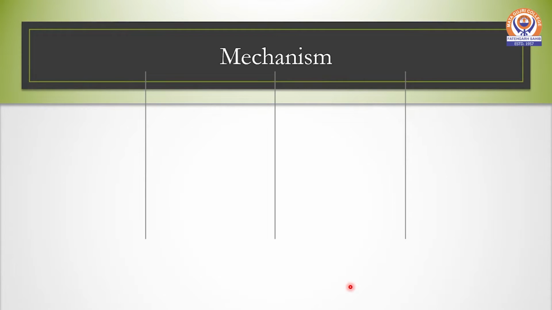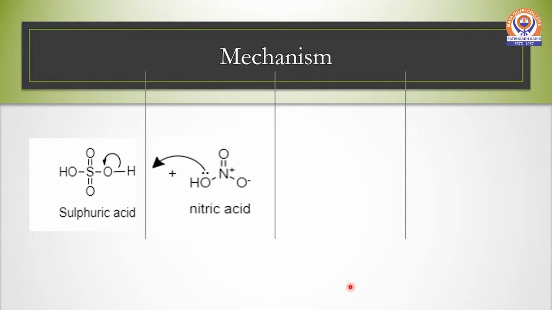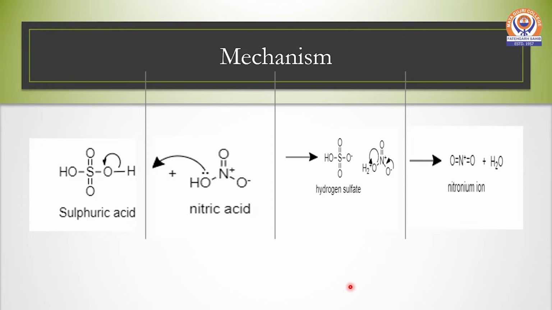So the various steps of the mechanism are: sulfuric acid is acted upon by nitric acid, which abstracts the proton from sulfuric acid and forms hydrogen sulfate and protonated nitric acid. Protonated nitric acid loses a molecule of water to generate nitronium ion, which is the electrophile of the reaction.